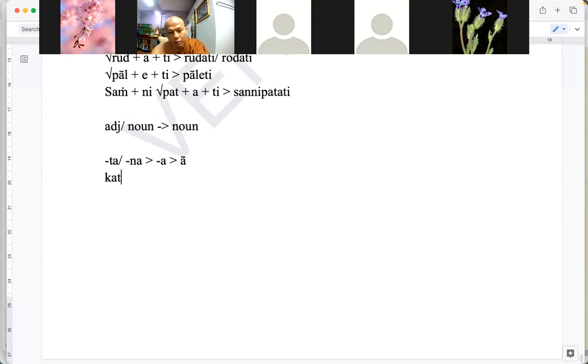For example, kata. At the stage of kata ending in r, it declines like Buddha. But at the stage of kata ending in r, it can also be declined like kanya in this way.